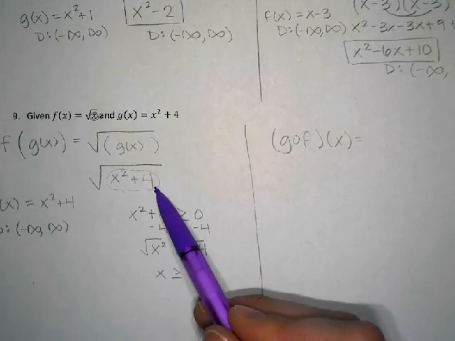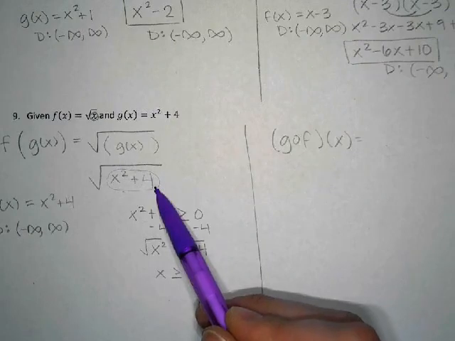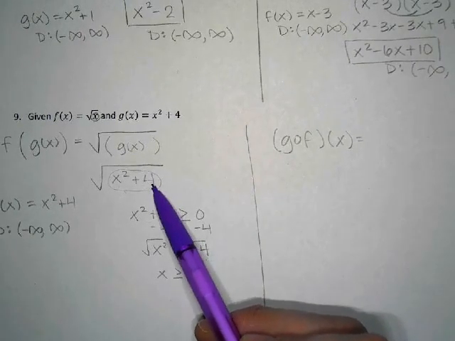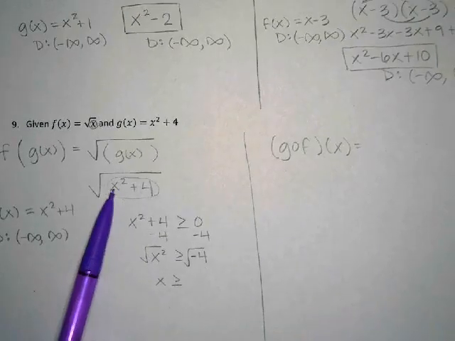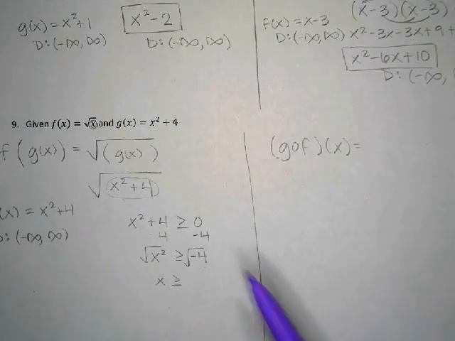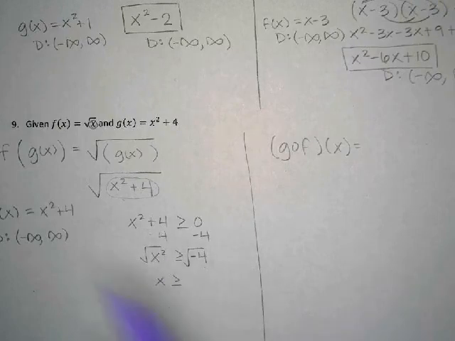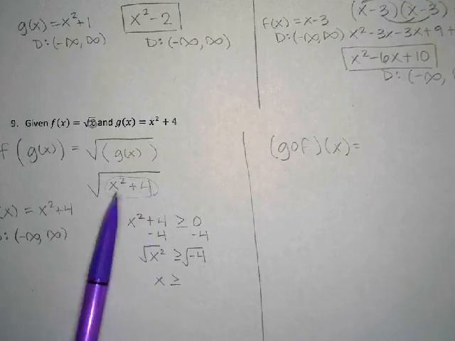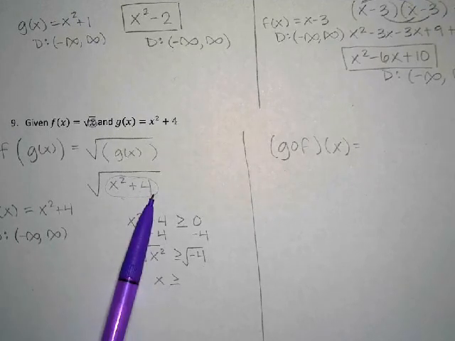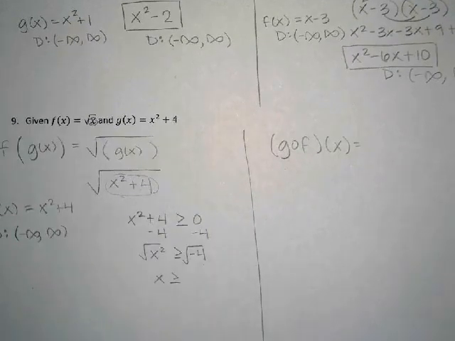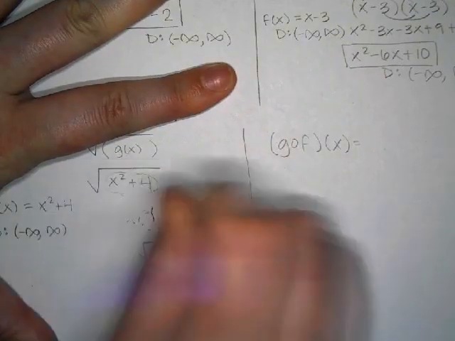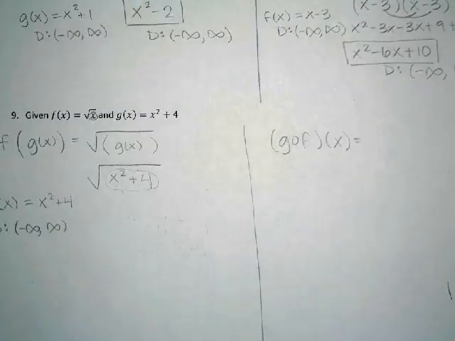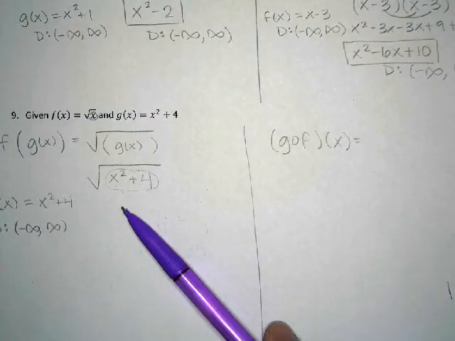Which makes sense, right? If you square a number, what types of answers do you get? You always get positive answers. So we have positive answers plus 4. Are positive answers plus 4 positive? Yes. So no matter what we plug in for x, our answers are always going to be positive. Does that make sense? It doesn't matter what I plug in for x, because when that number gets squared, it's going to give me a positive result.